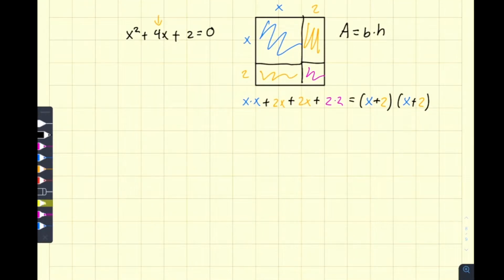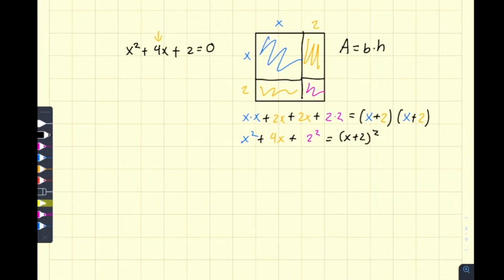This can also be simplified to being x squared plus 4x, because 2x plus 2x is also 4x, and this will also be simplified to 4. But in the case of this problem, in this method, let's call this 2 squared. You'll later see why. And this equals x plus 2 squared.